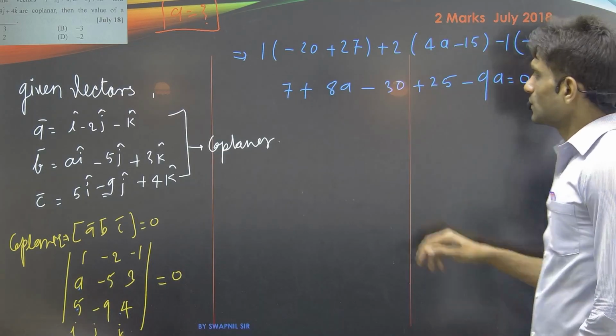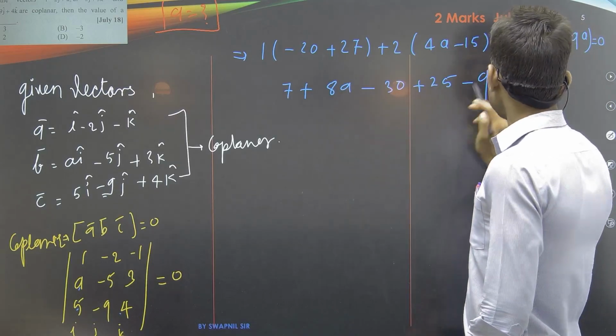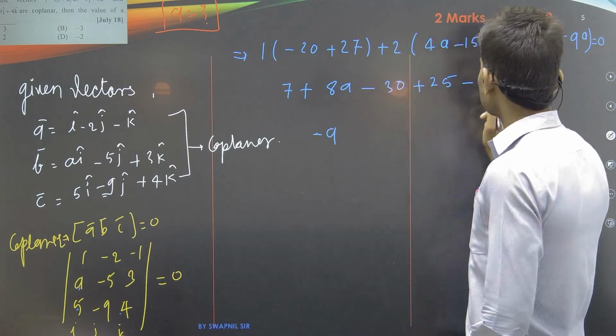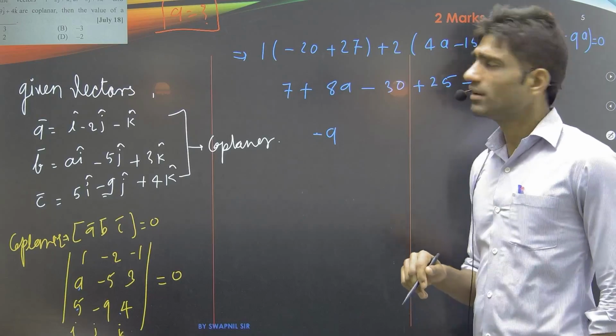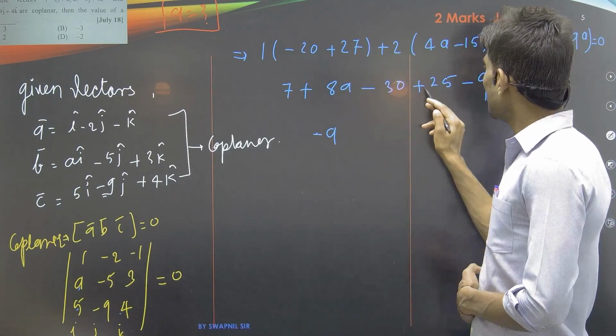Now go for the next calculation. 8a minus 9a gives negative a. 7 minus 30 gives negative 23, plus 25.